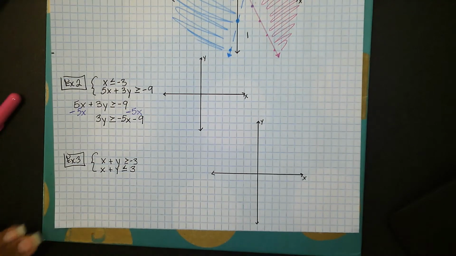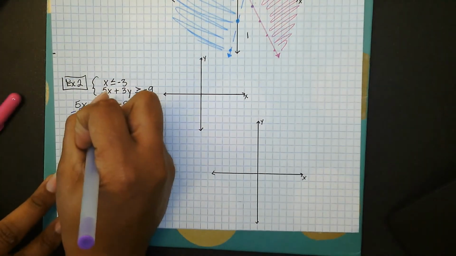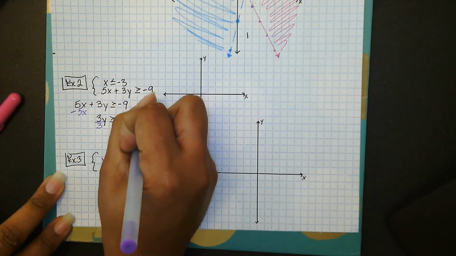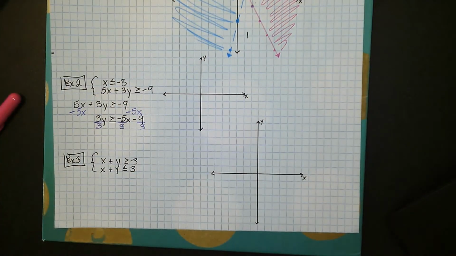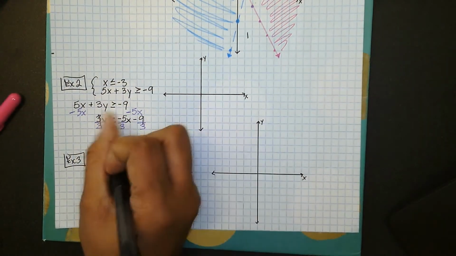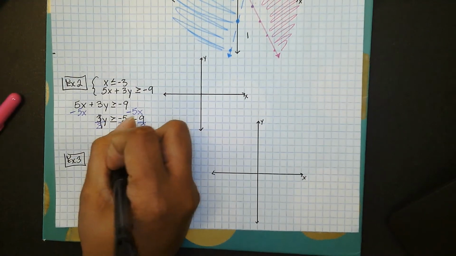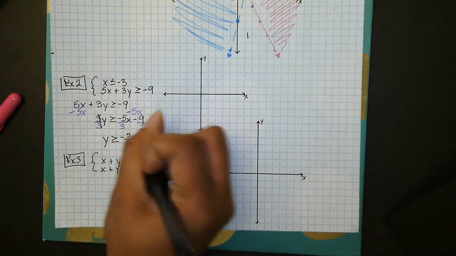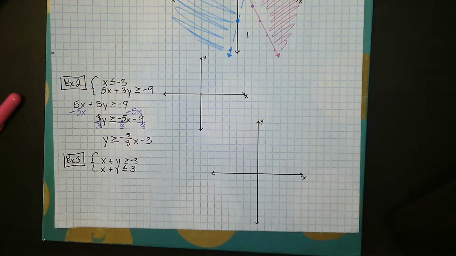And then our last step is going to be to divide by the number in front of y, which in this case is a positive 3. The 3's cancel, so y is greater than or equal to negative 5 over 3 x minus 3.